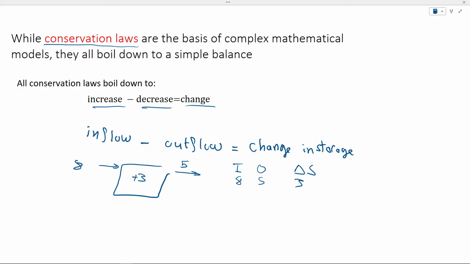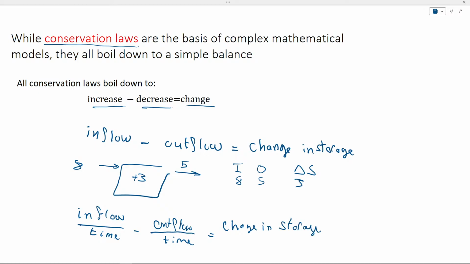If I divide everything by time, so inflow divided by time, minus outflow divided by time, equals change in storage divided by time.